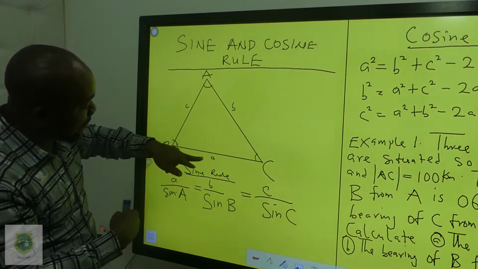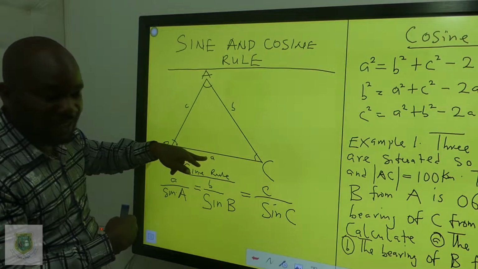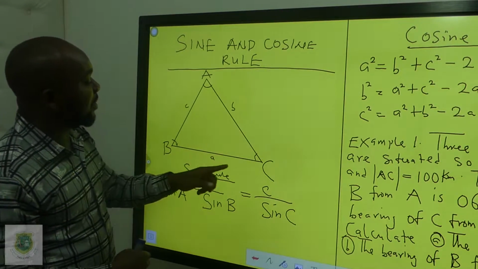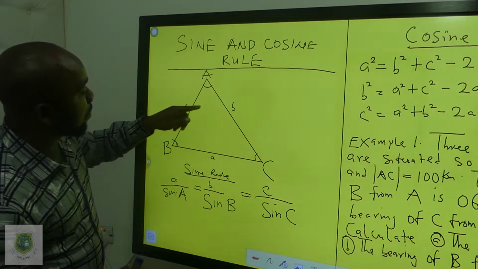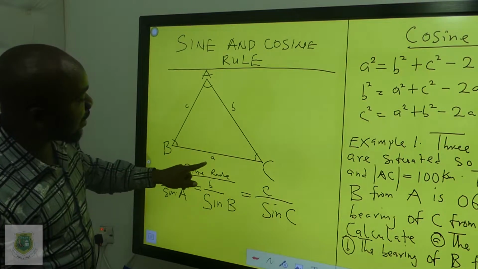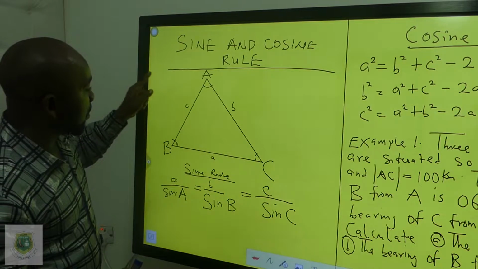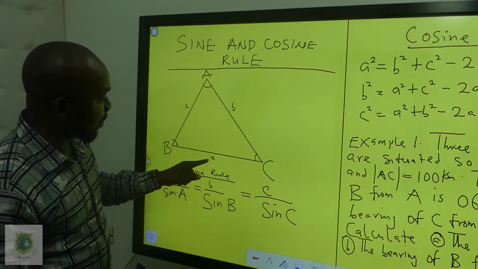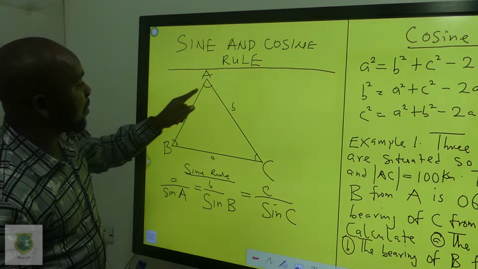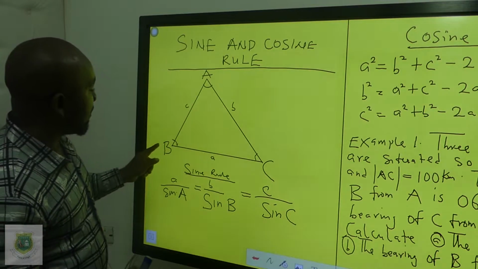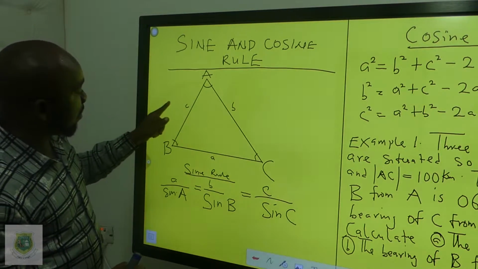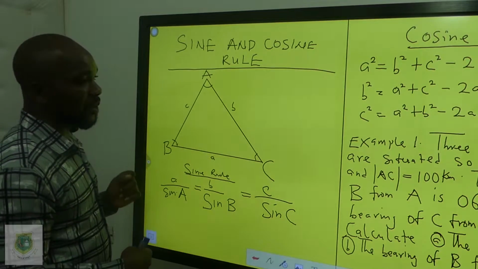So you are determining for the distance, this A. If you are to determine distance C, they will give you B, they will give you A, they will give you C. If you are to determine for A, they will give you C, B, and A. If you are to do B, they will give you C, A, and B.